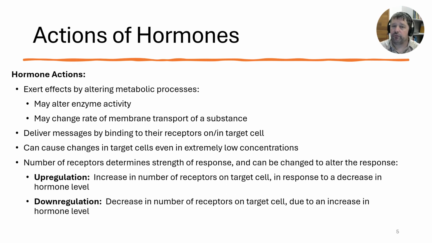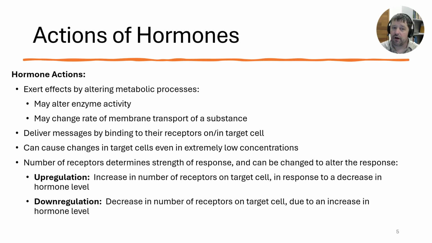The number of receptors and how much hormone you have in solution can determine how fast a response goes or how long that response might go. There are a couple different ways this can happen.